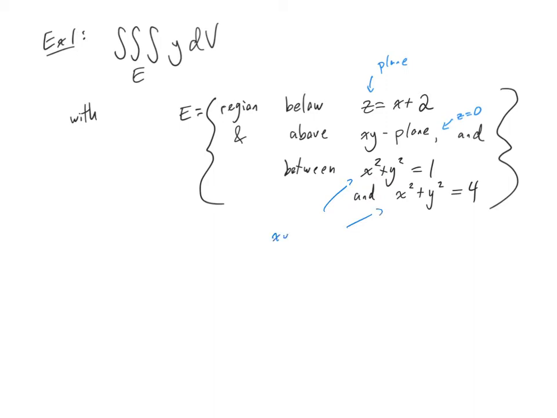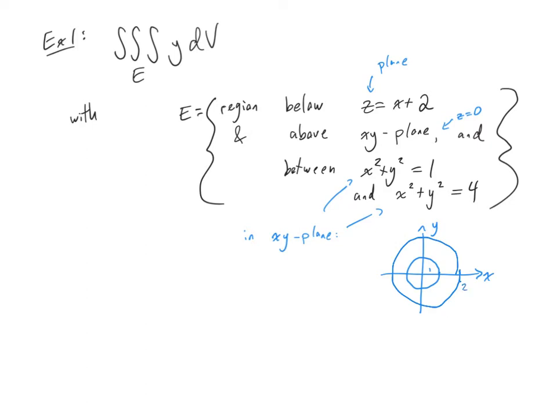In the xy plane, these look like circles. That's y, and here's x. So this looks like a circle with radius 1 and a circle of radius 2.